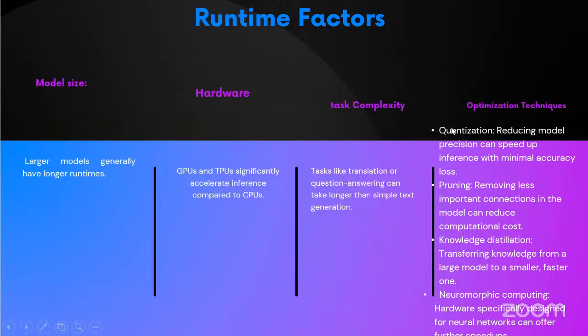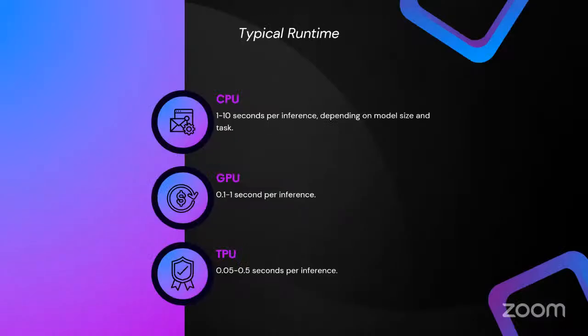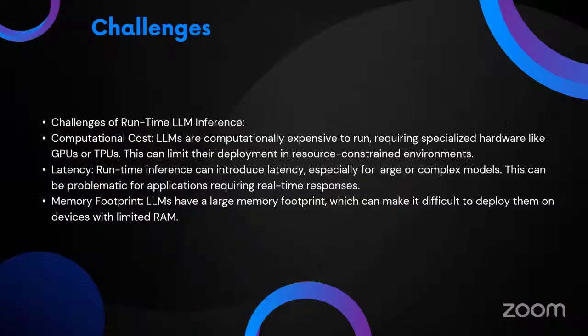These are some of the techniques: quantization, pruning, knowledge distillation, neuromorphic computing, likewise. Then we understood that when we use a CPU, it takes more time for inference. So if we use a GPU or a TPU, it will be better. These are some of the runtime hardware challenges that we face.